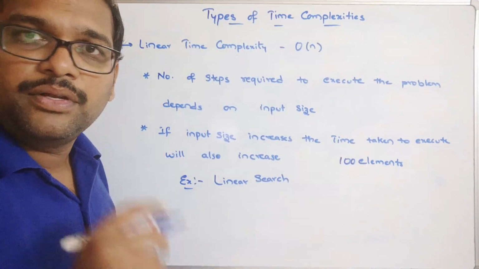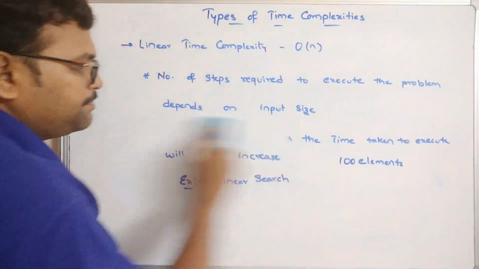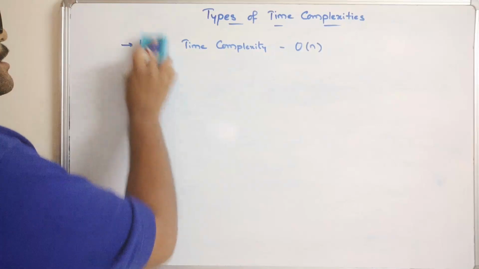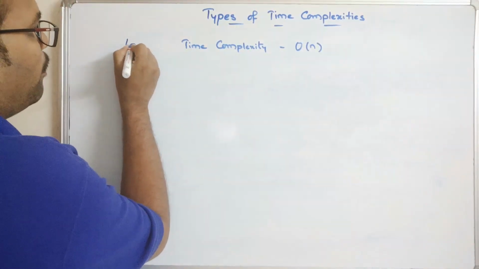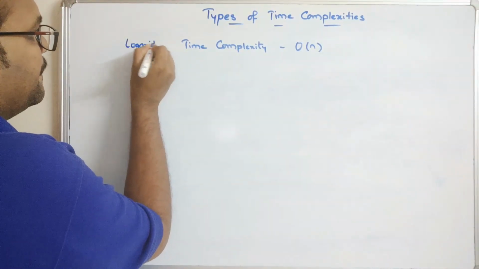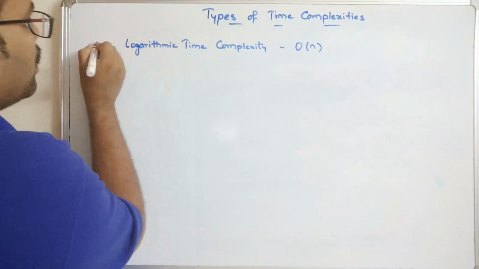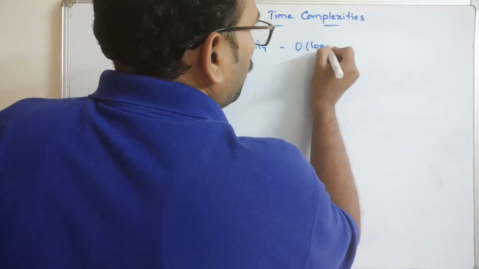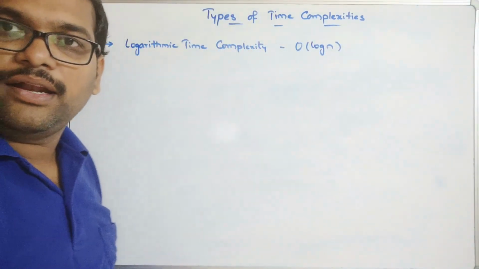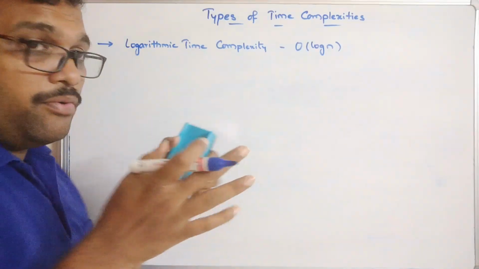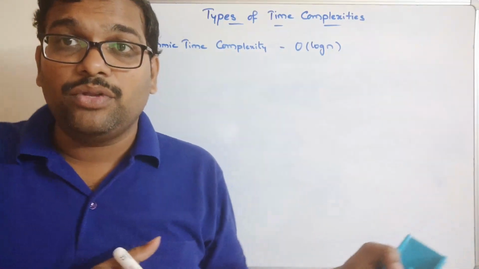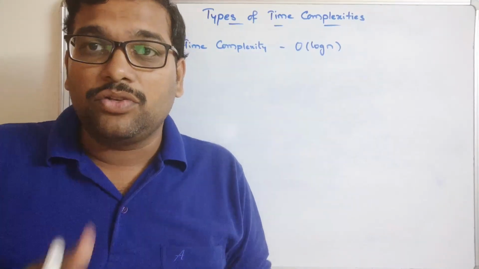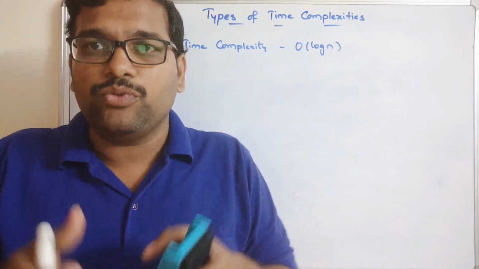Hope you understood. Then coming to the third one, logarithmic time complexity, denoted as order of log n. Here the number of steps required to execute the problem will be reduced for every iteration, so the problem space will be reduced.